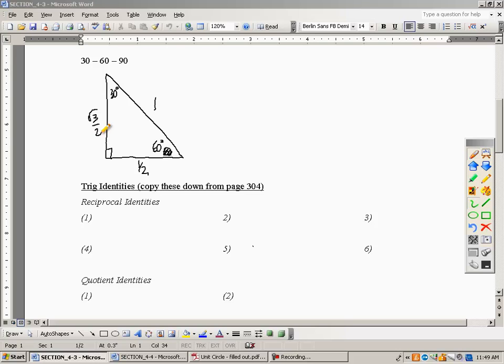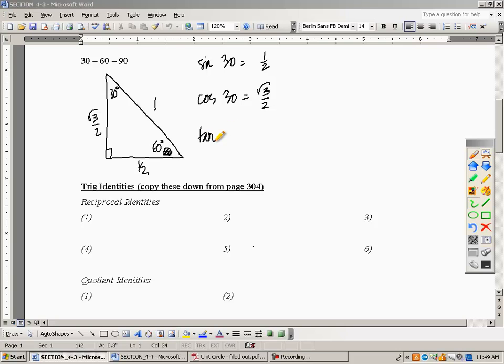But as I kind of look at this, let's go through. The sine of 30, and I'm not going to do the reciprocals on this one. I'm just going to do sine, cosine, and tangent. The sine of 30 is 1/2. We take this right off the unit circle. The cosine of 30 is the square root of 3 over 2.